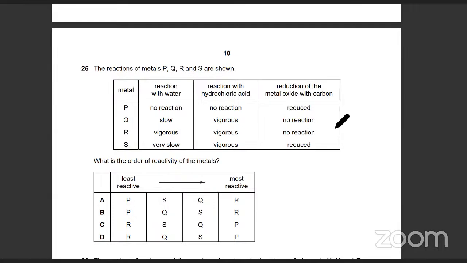So it's a P, S, Q, R. So A. P कौन सा? A. सबसे ज्यादा तो ये था ना. Now how did you figure this out? Reaction with water is so vigorous, so that's the most reactive, right? No reaction, so that's the least reactive. ठीक है. So it's going to be A.